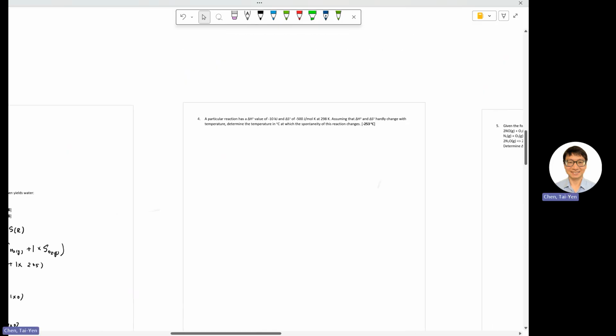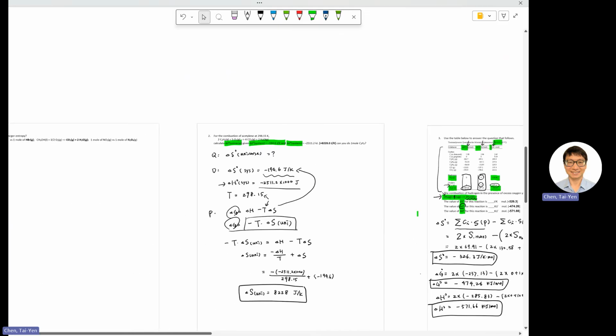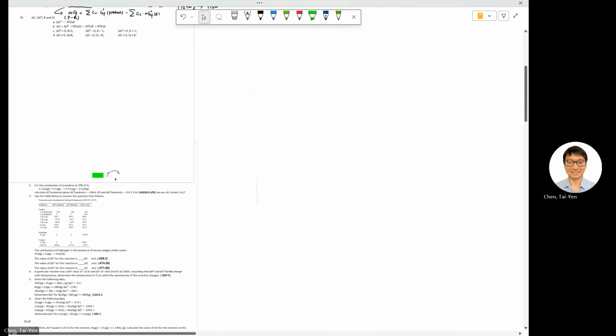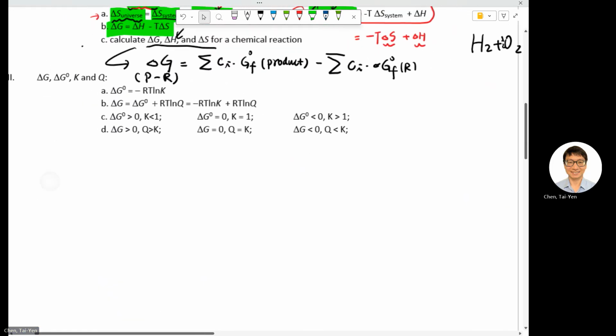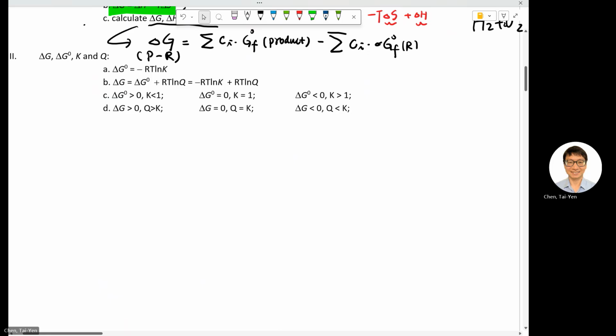So that's the things we went through using the concepts we learned. Those are the questions that we can do. Right now we need to learn a little bit more. Now we come to some interesting parts, where you start to use your delta G to predict how the reaction is going to move. Previously we said if something is spontaneous, it's going to move from your reactant side to your product side.